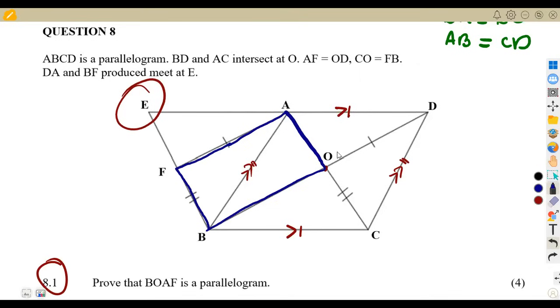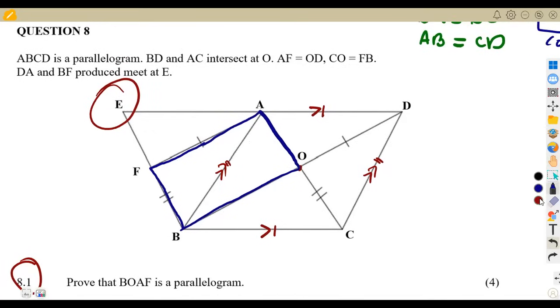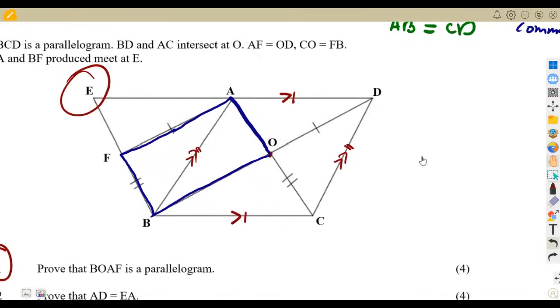Let us consider this. B to O, and this side BO is the same as OD. All right, this is the same as OD, and it's the same as what we have from this side, because we are given that these two here are equal. So we can see that these two sides will be equal.